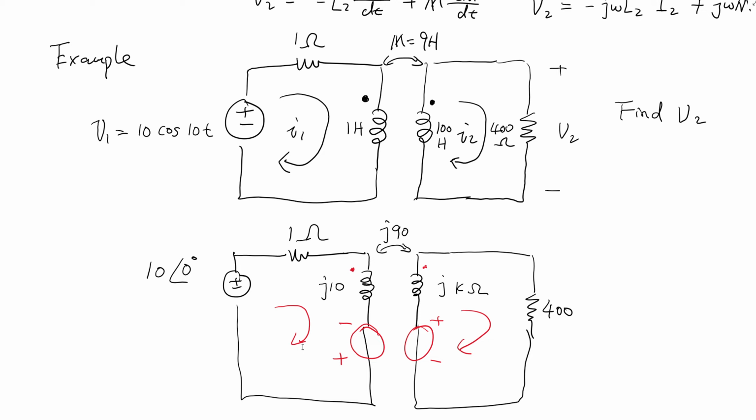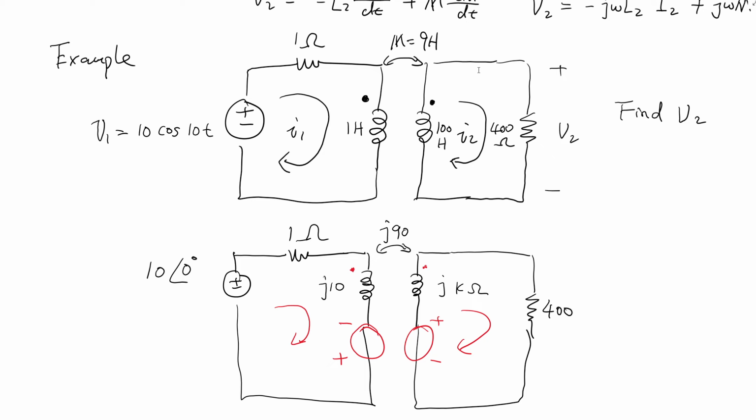But this is not just a simple circuit. This is a transformer. That means this inductor and this inductor are coupled. There is a common core there. The changing voltage source will cause a changing current I1, in sinusoidal form as well, and this changing current will induce a voltage on the secondary side.